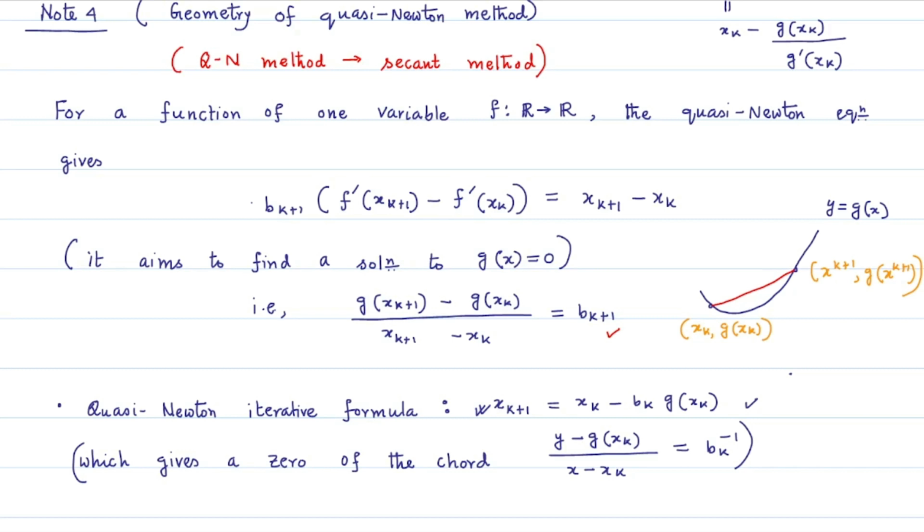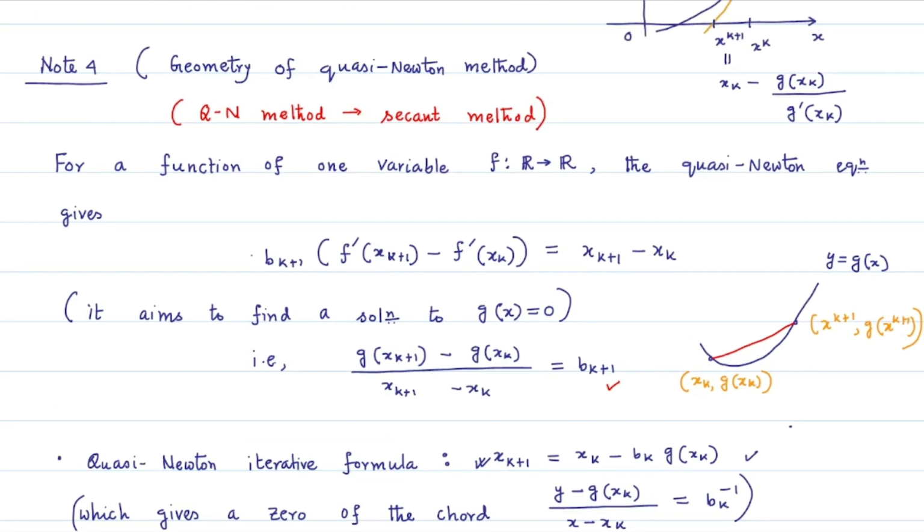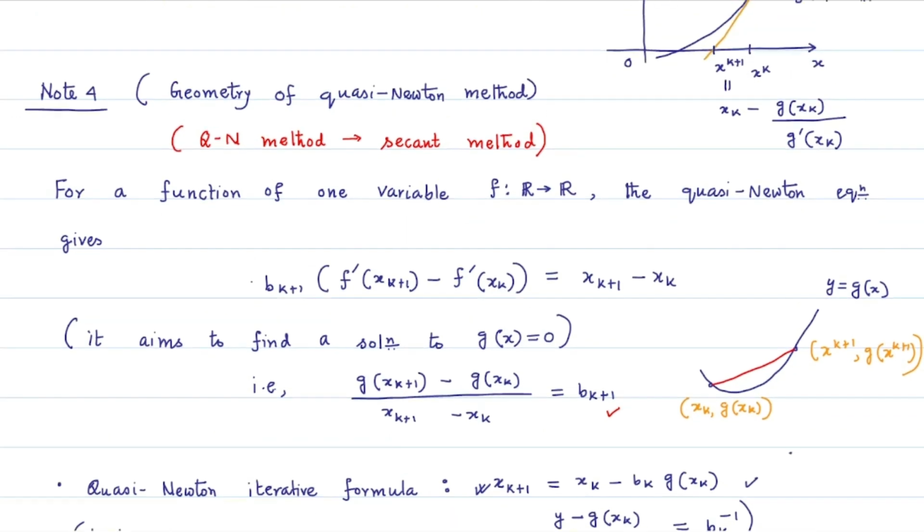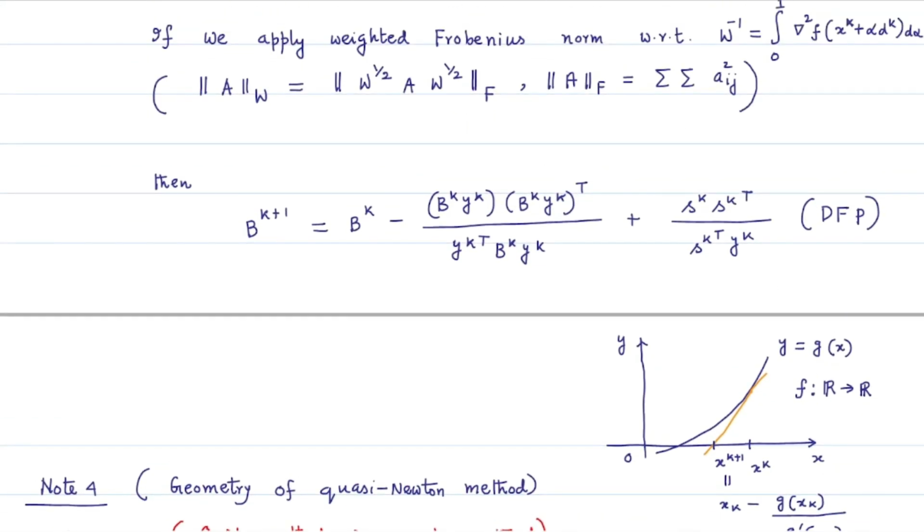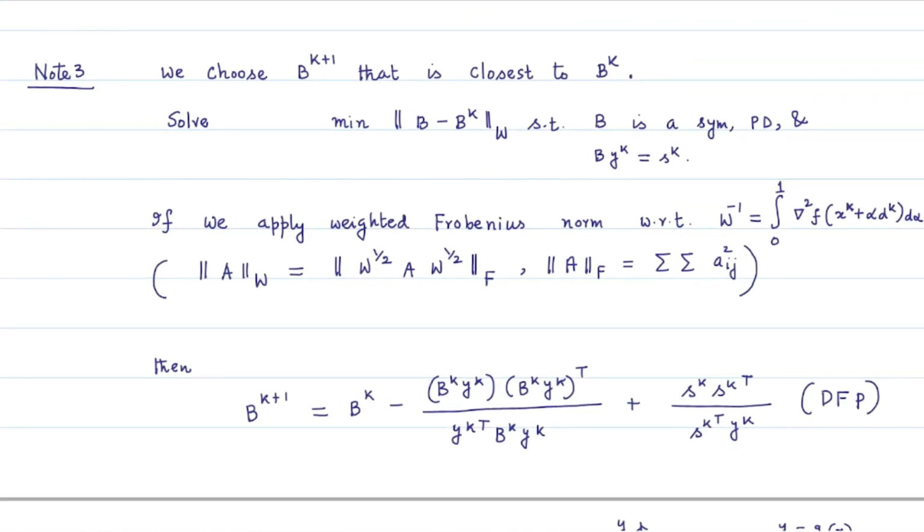So in this note, note 4, we have seen that the quasi-Newton method is following a secant update, and here in note 3, we have seen that the quasi-Newton method is a least change method. Least change from the earlier evaluation of the matrix Bk.